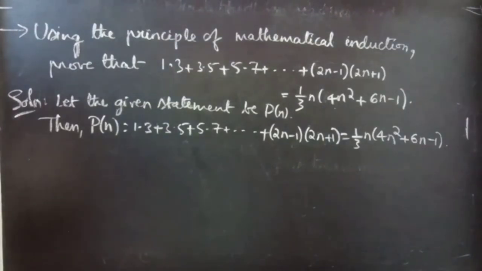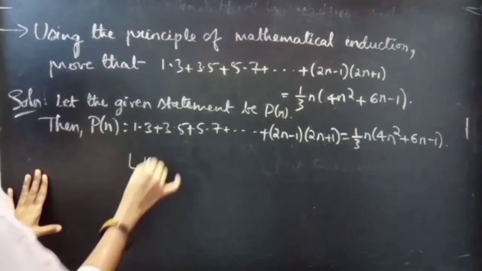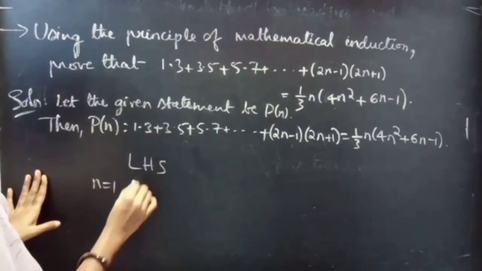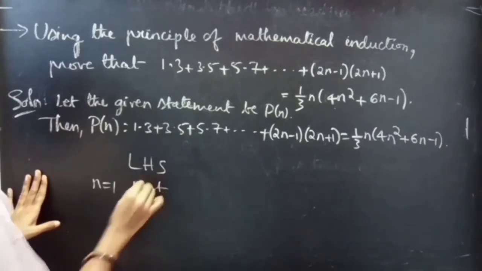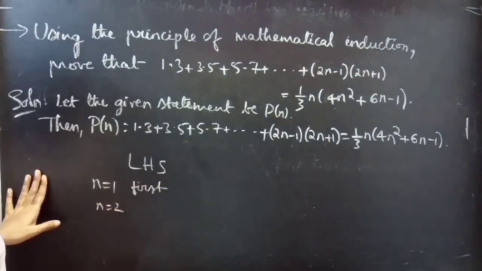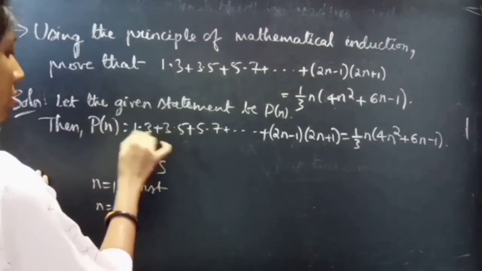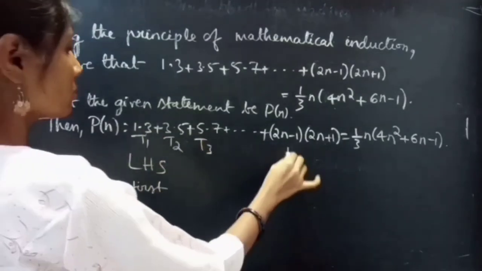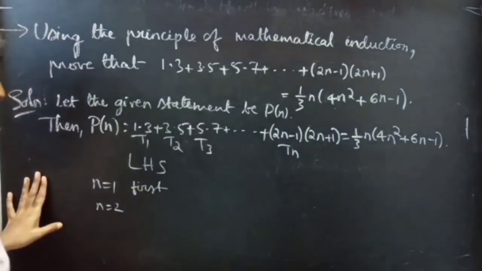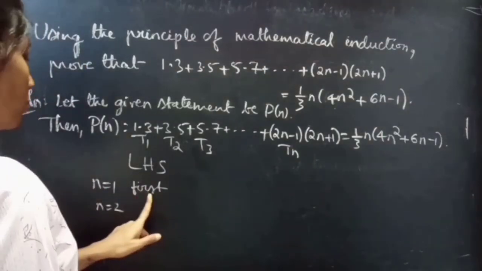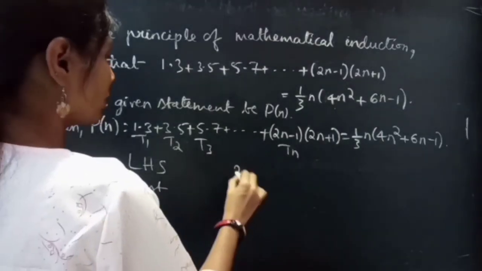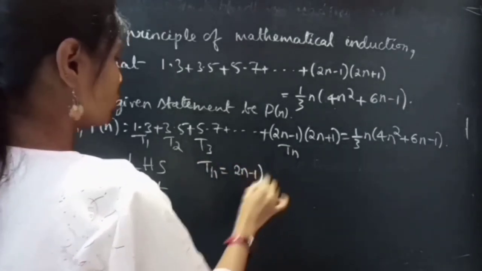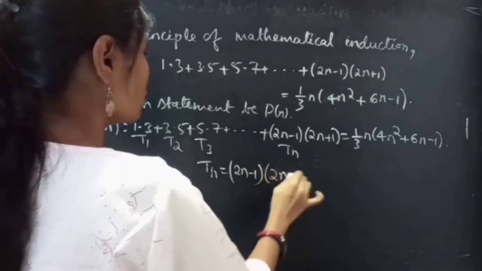When n equals 1, that means in the LHS, you take the first term. When n equals 2, you'll take the first term, second term, third term, plus so on, plus nth term, right? So if you take tn, that is the nth term, you're having (2n minus 1) into (2n plus 1).